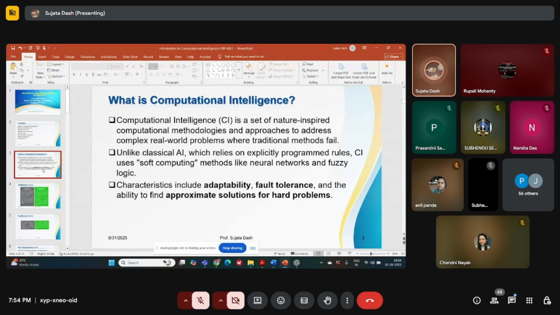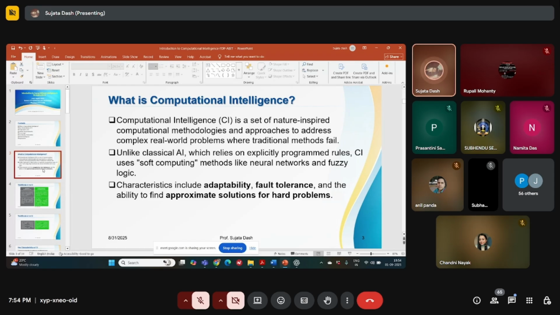Then soft computing, as you know, doesn't seek exact solutions. We apply soft computing techniques to real life problems, and in real life problems, we cannot find exact solutions, but we can find approximate or adaptive solutions which are very tolerant.